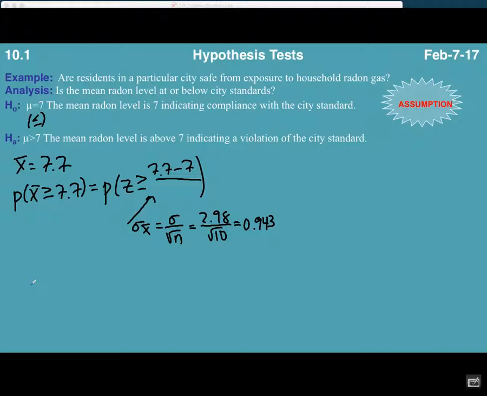Okay, so that's the standard deviation that goes here. Then you calculate that z-score, using the full decimal, not just 0.943. That gave me a z-value of 0.742.